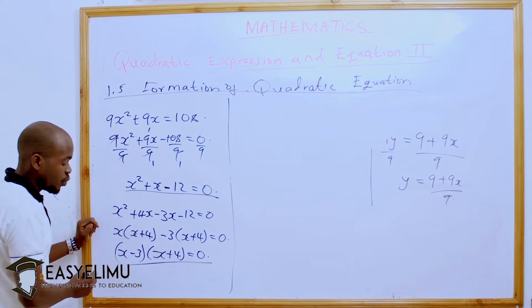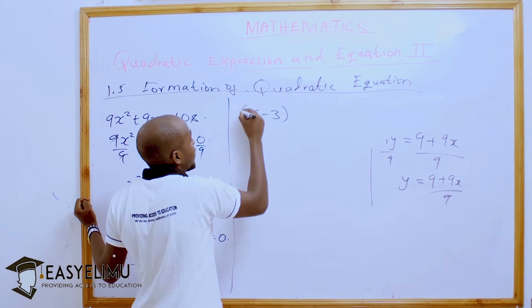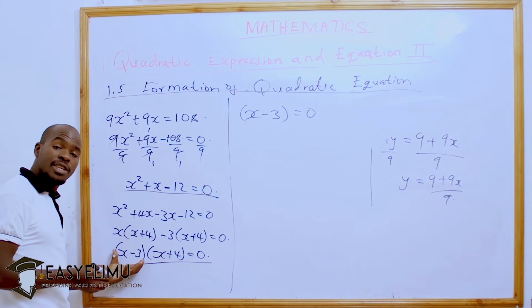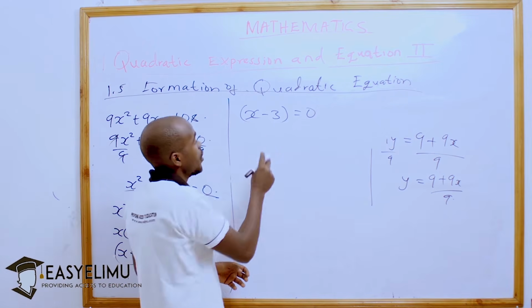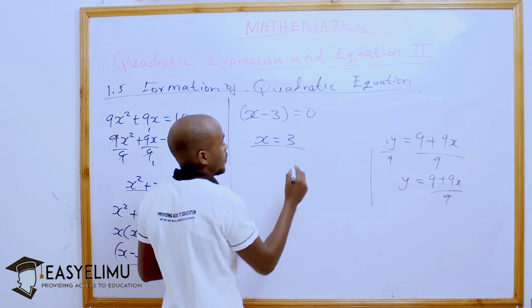Now, I will equate one of the brackets to 0 and I will get x minus 3, for example, is equals to 0, meaning that either this bracket is equal to 0 or this one is equal to 0. So if I do that way, I will get x is equals to positive 3.